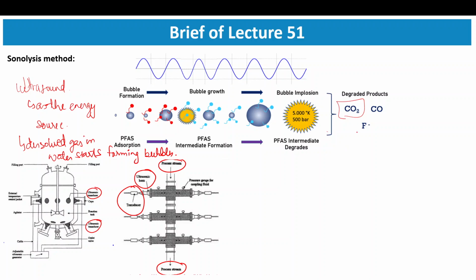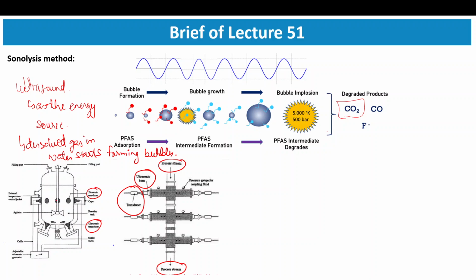Now, the smaller the bubbles formed here, the more the energy and the more the pressure, because the size of the bubble is small. So the pressure inside the bubble will obviously be more, resulting in more degradation because of the cavitation, right?